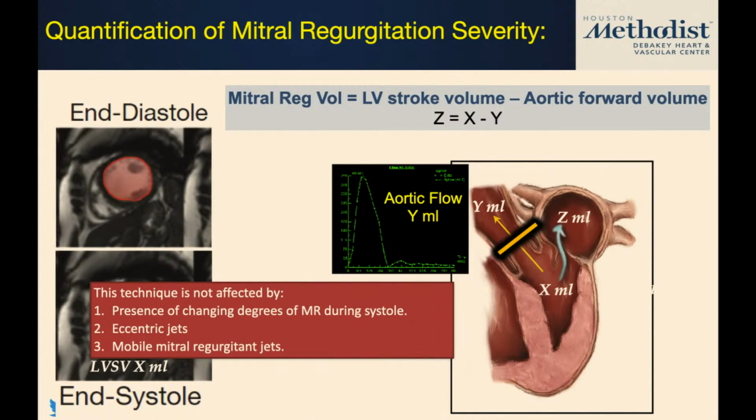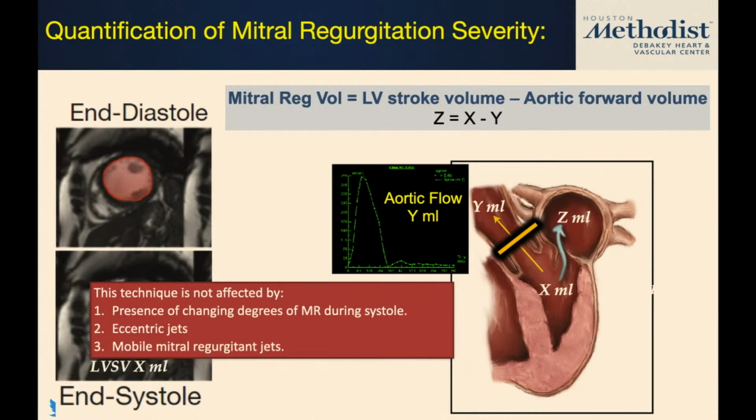And as you'll see, we'll talk about not just during today's lecture, but also in some subsequent lectures, that the advantage of this methodology is it's a purely volumetric technique, and it doesn't matter if there's a changing degree of mitral regurgitation throughout systole. It doesn't matter if there's eccentric jets, if there's multiple jets, because you're simply identifying what is the total volume of mitral regurgitation for that cardiac cycle.